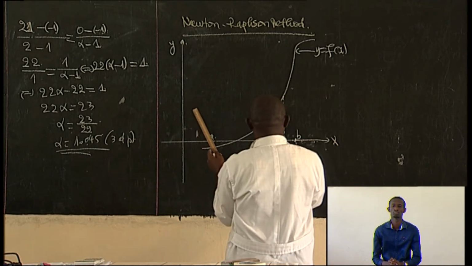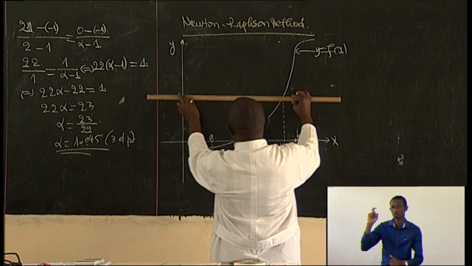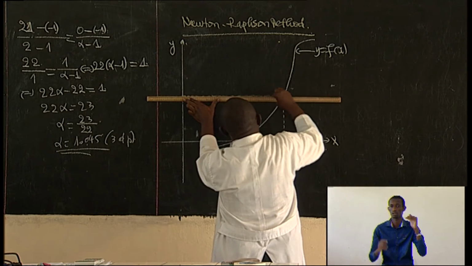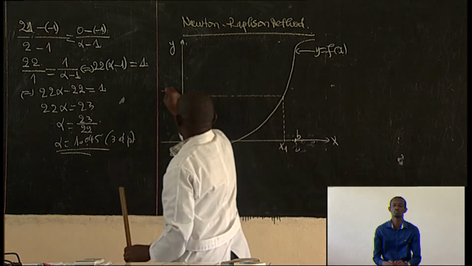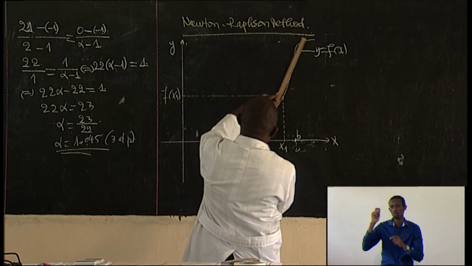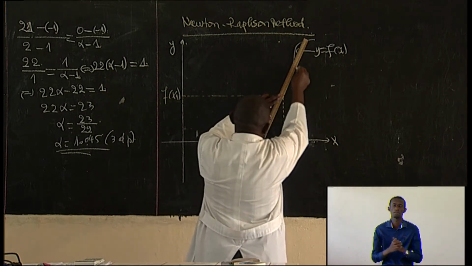This is x1, and there to be f of x1, and I have my tangent here.